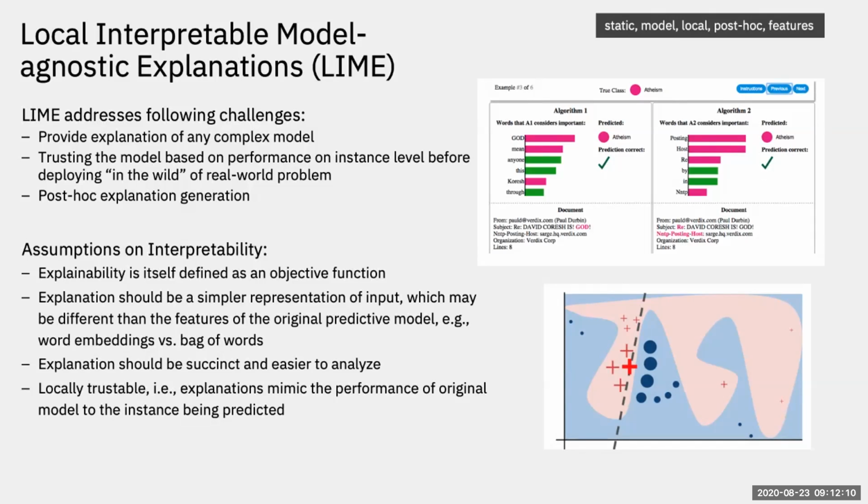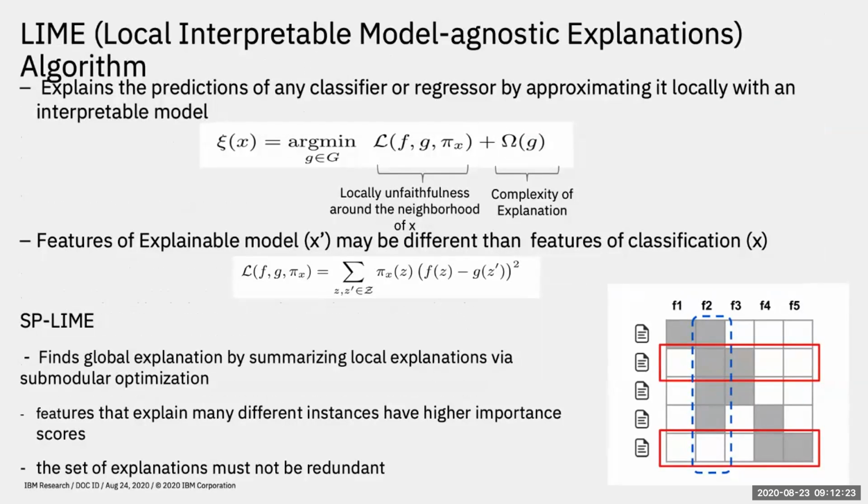Okay, so let's dig deeper into the algorithm itself. Let's first discuss the main key assumptions of the model. In this slide, I'm going to show the objective function of the LIME method in detail.